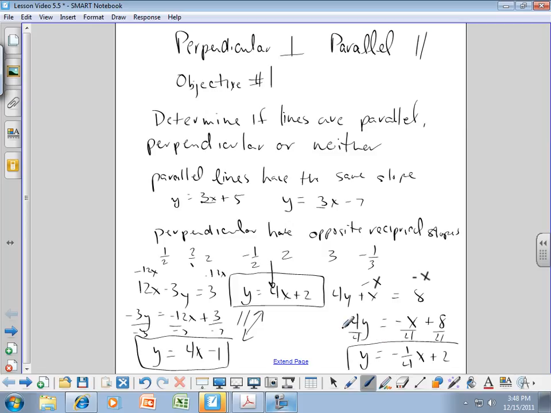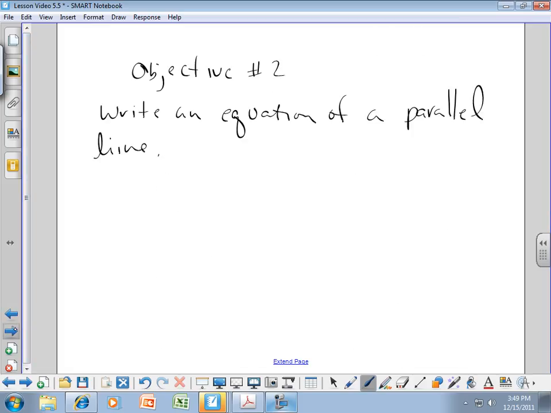Isn't this the opposite reciprocal of that? If you take 4 and flip it, it's 1/4, and you put a negative with it because this is positive. Yep. So this line is perpendicular to that line and that line. All right? So find their slopes, and you'll know if they're perpendicular or if they're parallel, or maybe if they're neither one.